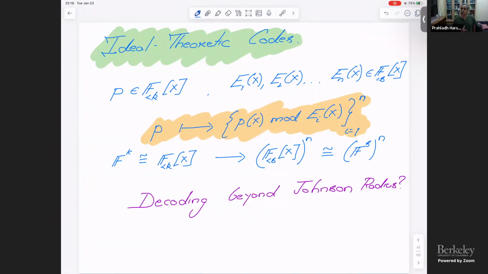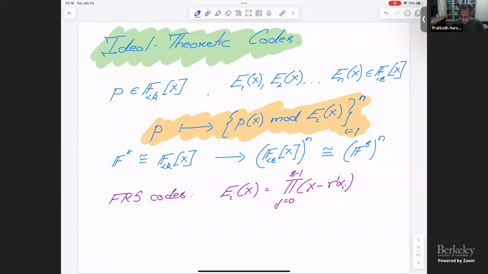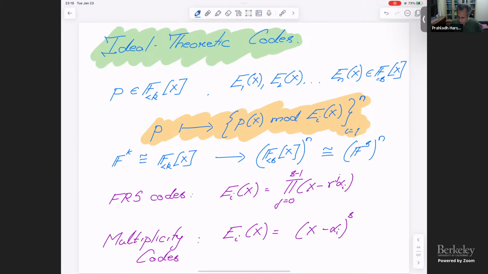So what I'd like to ask is, what are E1, E2, ..., En which let you list decode beyond the Johnson radius? And we note a few examples, and the most prominent of them are the folded Reed-Solomon codes. We already saw what the Eis are in that case. The Eis are these product polynomials.